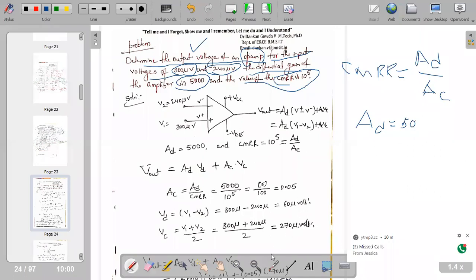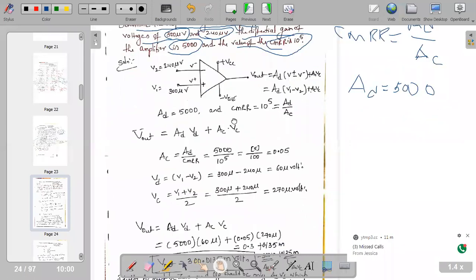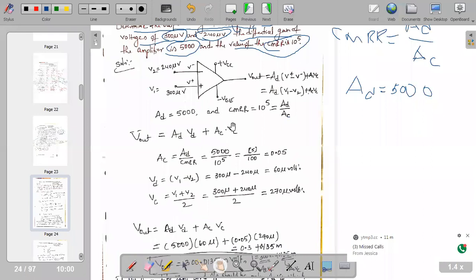Now please observe here. What can we write for the op-amp output? We know the op-amp output depends on the differential gain and the common mode gain. So the generalized output of an op-amp is Vout equals AD into VD plus AC into VC.